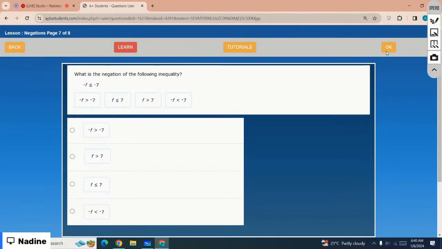Negative f is less than or equal to negative 7. The correct option is option number 1, right?